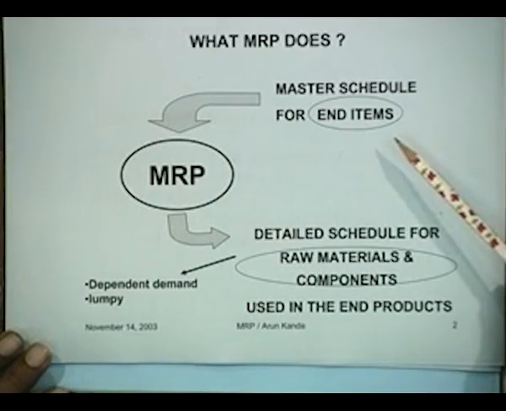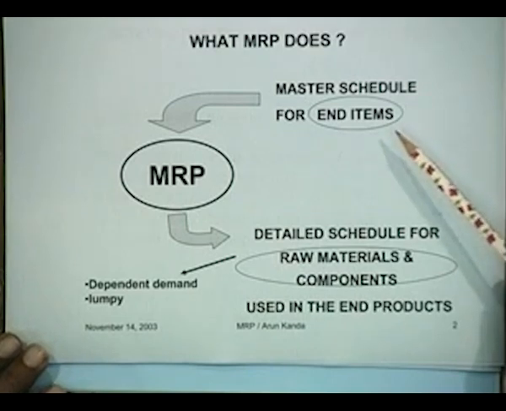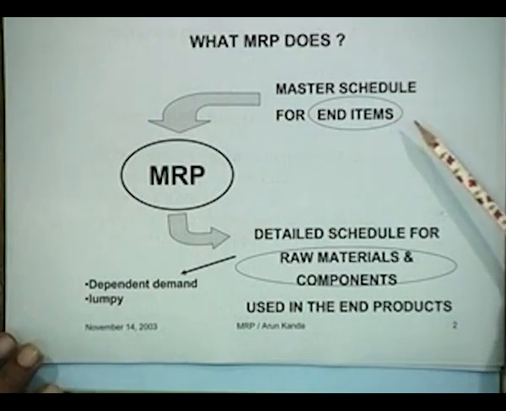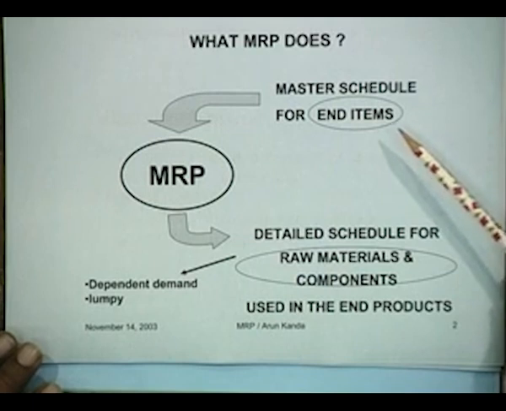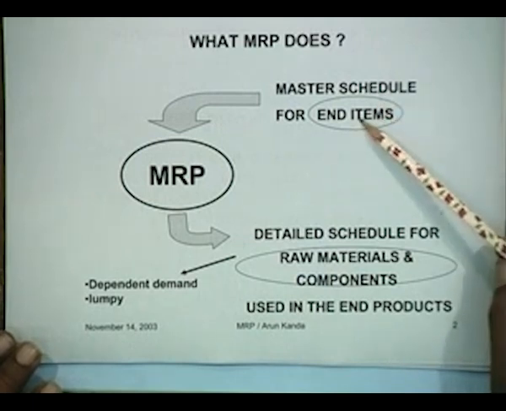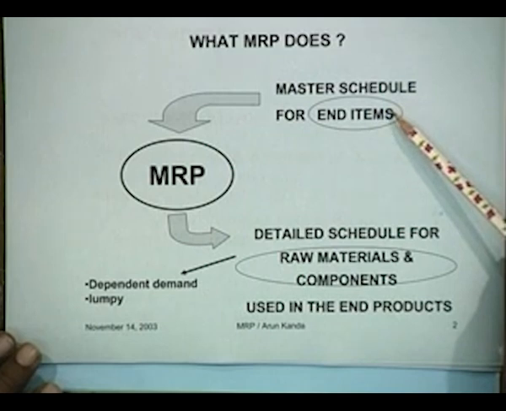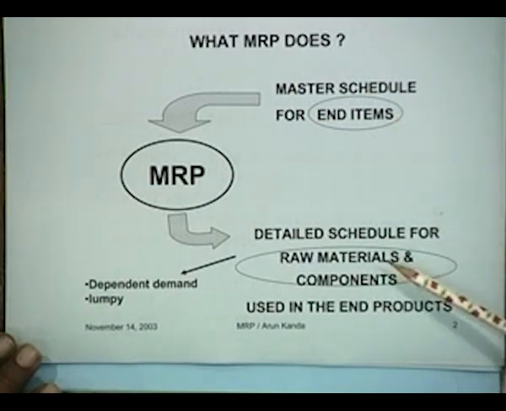I think the important thing to realize is that MRP is valid for those situations where you have, let us say, an assembly of parts and components, and we are talking about the master schedule of the end item. For instance, suppose the schedule of cars that you want to produce is known, and then you have to plan out when to make the various sub-assemblies, how to assemble the various raw materials and so on.